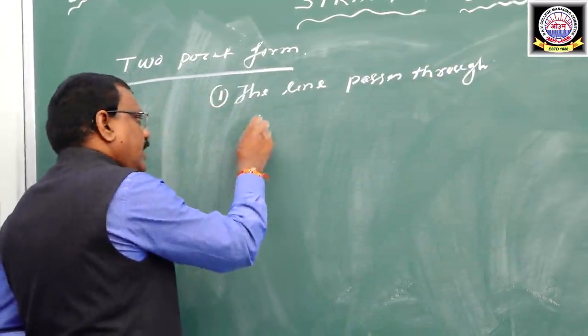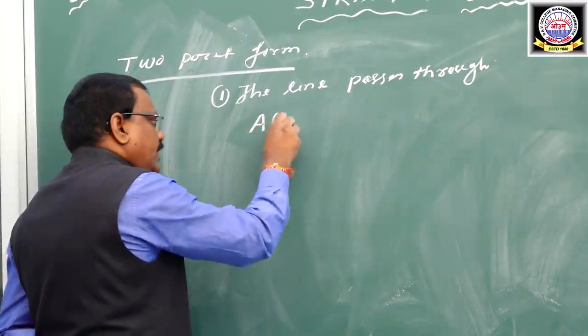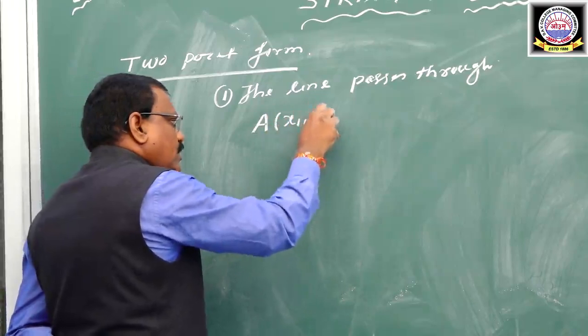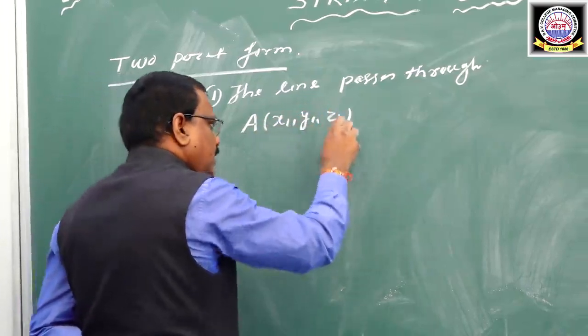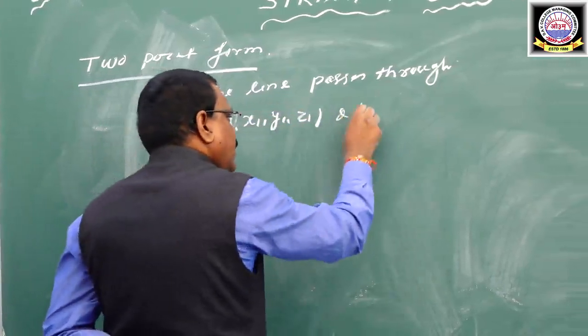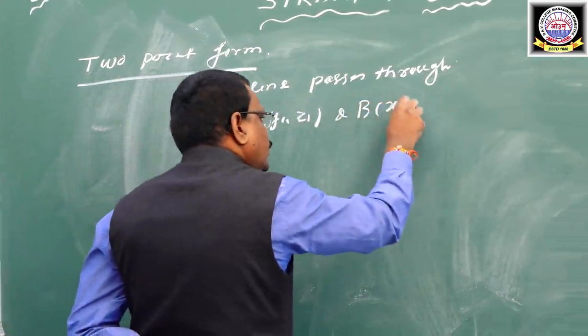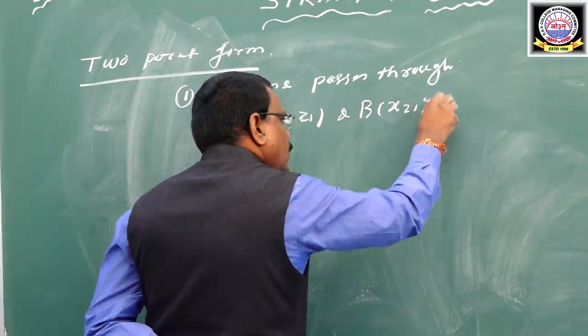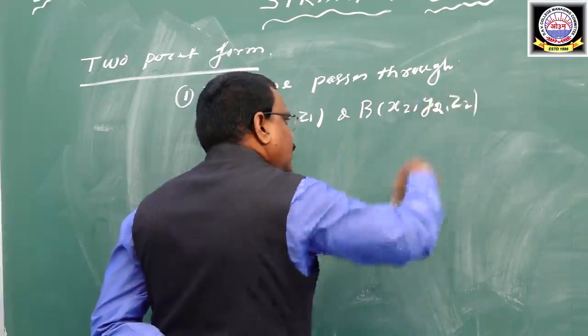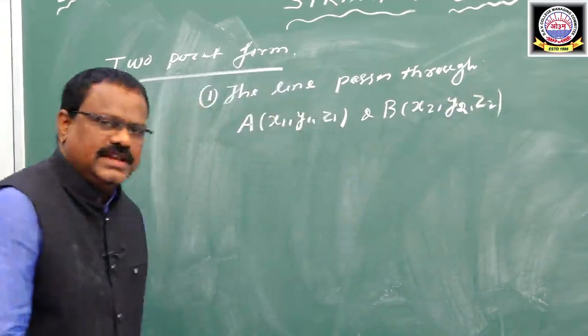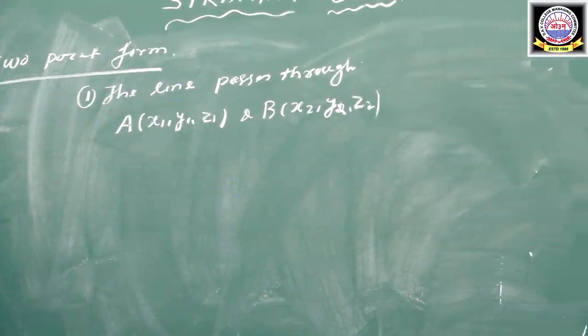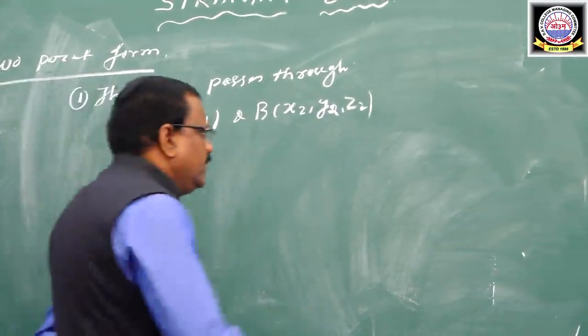Passes through the point A with coordinate x1, y1, z1, and another point B x2, y2, and z2. So here only the 2 points are given, but the parallel vector is not given. So let us come to the figure.